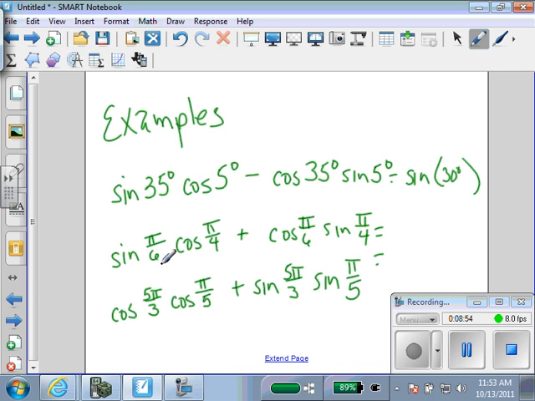Sine pi over 6 cosine pi over 4 plus cosine pi over 6 sine pi over 4. Again, it's mixed, so we're going to see a sine.